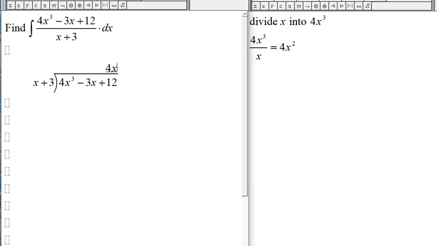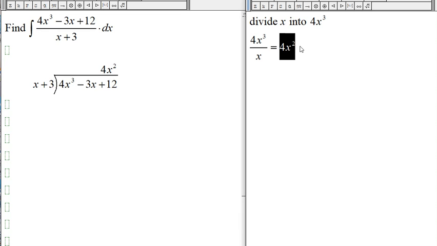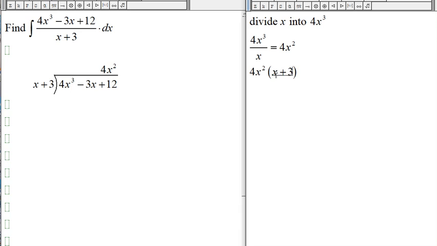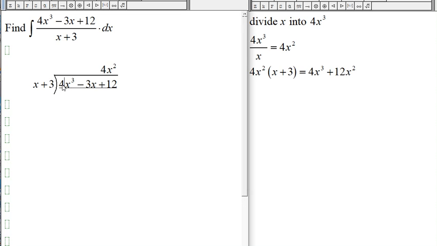And then we need to subtract, just like in regular long division of numbers. To subtract, we do 4x squared times the x plus 3, and this will be 4x to the third plus 12x to the second. This is what we're going to be subtracting.